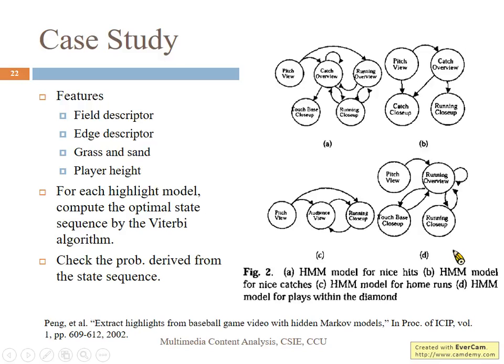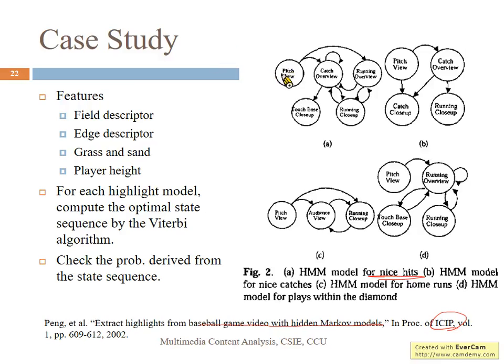And for some case study, we just give you an example published in year 2002 that was used to extract highlights from baseball game video with hidden Markov model, published in the International Conference on Image Processing. And the idea is that they can build hidden Markov models to describe some important events in baseball videos, such as a nice hit.